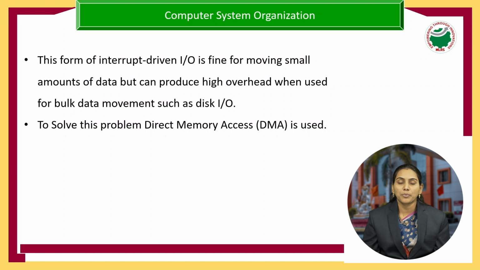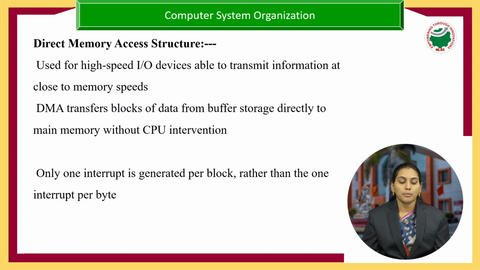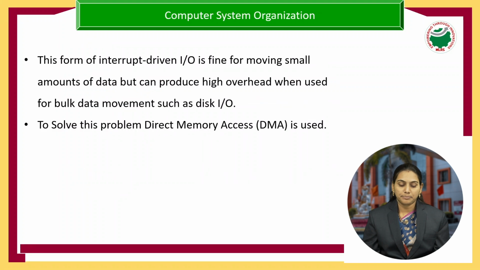Here the CPU doesn't interfere. The DMA structure is used for high-speed devices able to transmit information at close to memory speeds. DMA transfers blocks of data from buffer storage directly to main memory without CPU intervention. Only one interrupt is generated per block rather than one interrupt per byte.